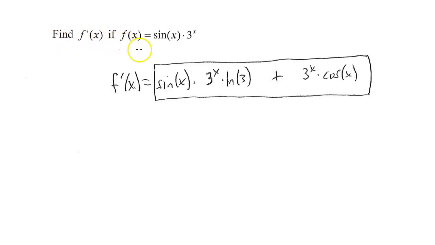What's the derivative of sine of x times 3 to the x? Well, we use the product rule. So we do the first function times the derivative of the second, plus the second function times the derivative of the first. And remember, the derivative of 3 to the x is 3 to the x times ln of 3. And so this is what we get as our answer.